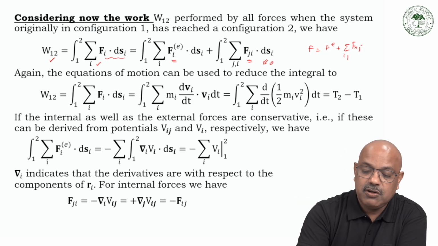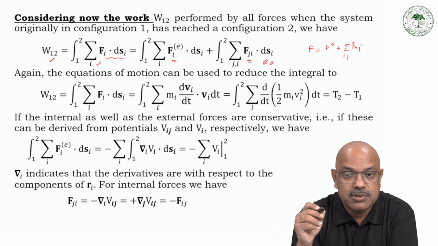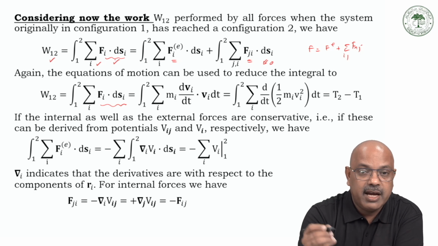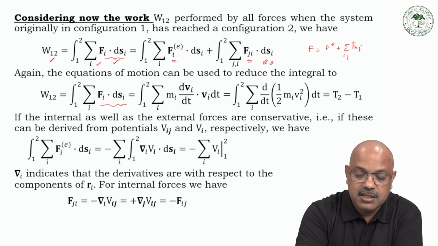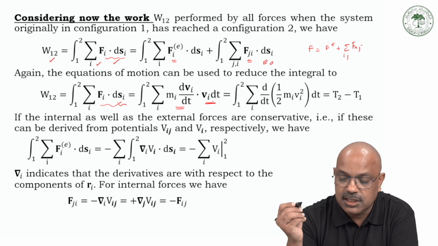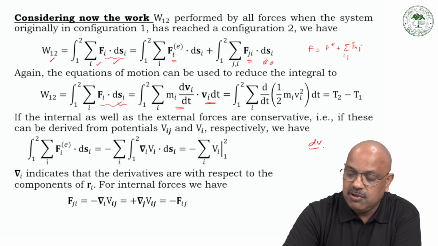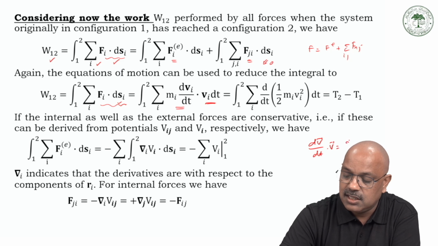So again, the equation of motion can be used to reduce this integral, because the surviving component is Fi dsi. So we write the second law, m times acceleration dv by dt, and dsi is v times dt. So again, I can write this as dv by dt dot v, which is d/dt of half v square.